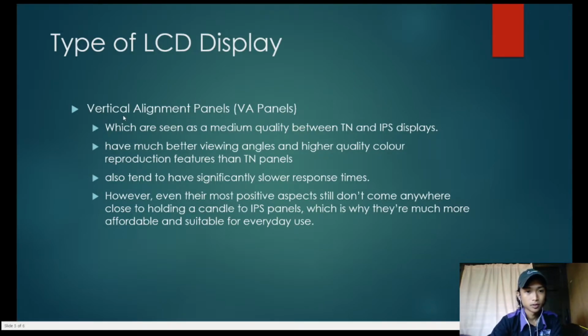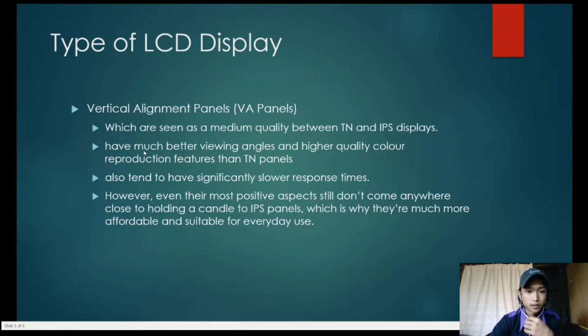So there are four types of LCD display. Number 3 is vertical alignment panels, VA panels, which are seen as a medium quality between TN and IPS displays.